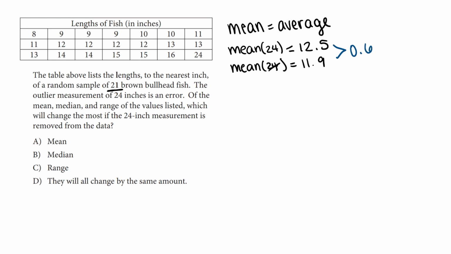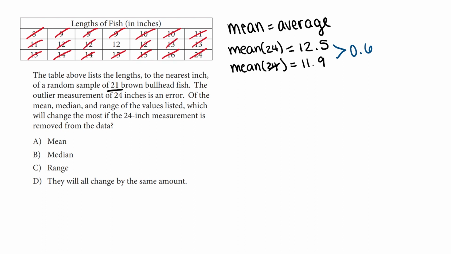So next is the median. For our median, remember that's our middle value. So if we include our 24, then we would get for our median, just kind of working our way to the middle. This was always my favorite way to do median. You just line them up, cross one off, and we get to 12.